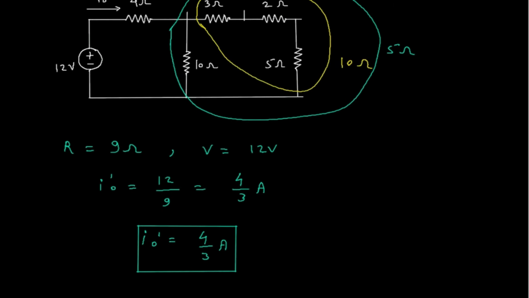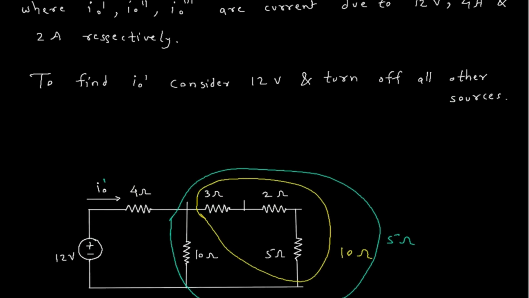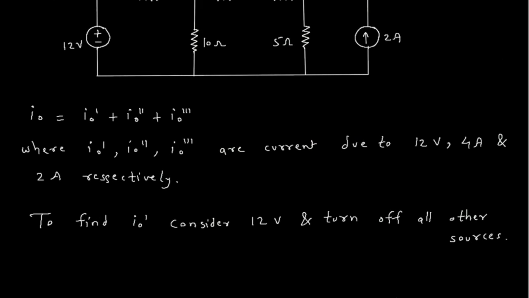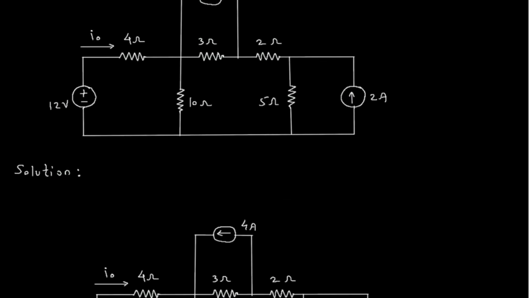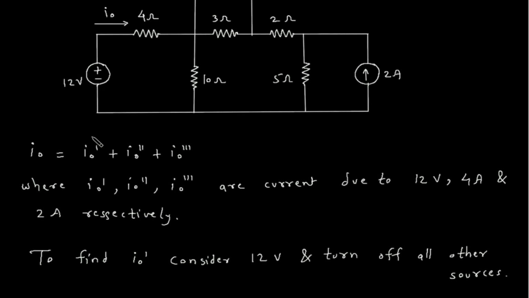Now we have the value of IO prime, IO double prime, and IO triple prime. What we have to find? We have to find IO using superposition. So IO is equal to IO prime plus IO double prime plus IO triple prime.